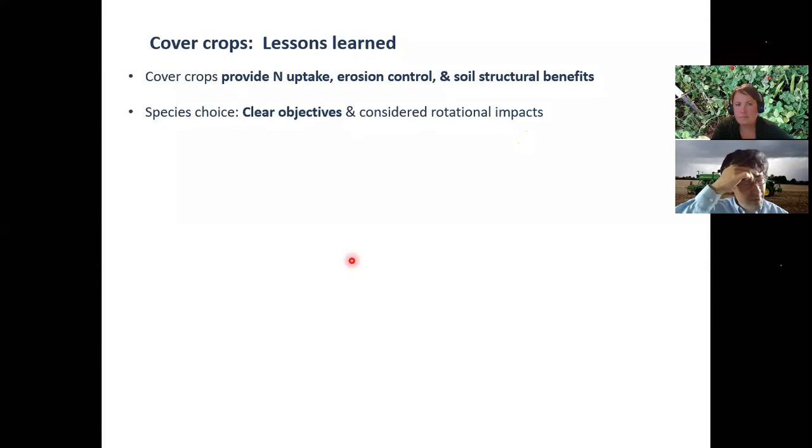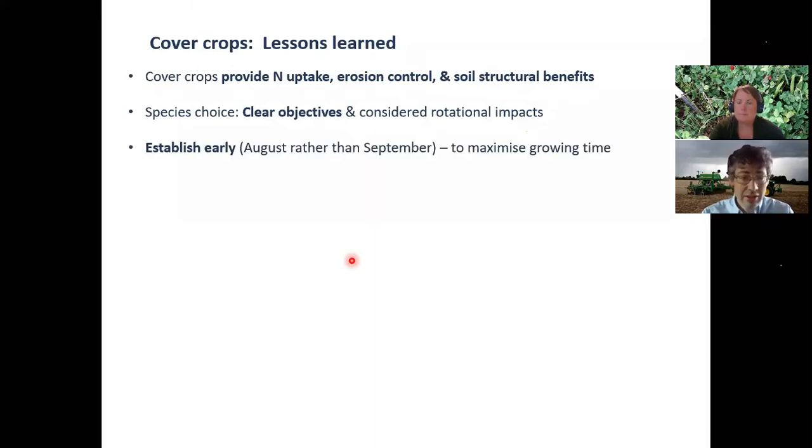Species choice is very important, particularly around setting a clear objective as to what you want to achieve. I always say this, but don't expect cover crops to be the silver bullet. We have to be careful about setting just one or two objectives, and hopefully those will be delivered through the particular choices of the species.